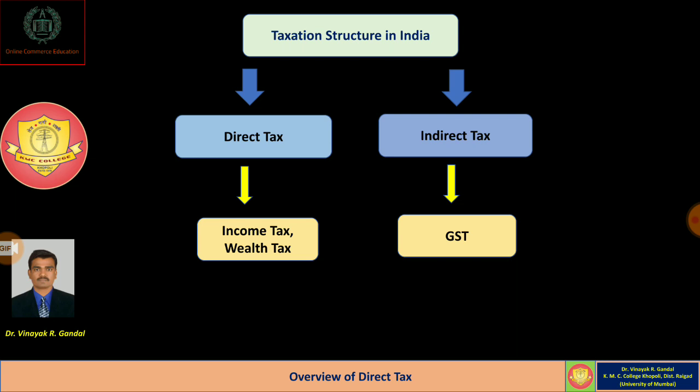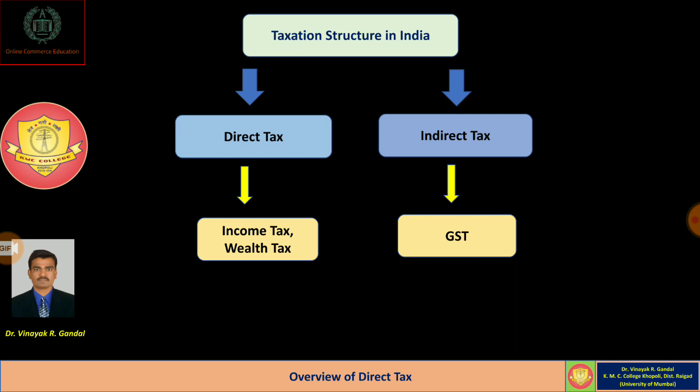So there were many difficulties in the old tax regime, and for overcoming these difficulties a new indirect tax regime came into effect from 1st July 2017, that is called the Goods and Services Tax. Popularly it is known as one nation one tax.